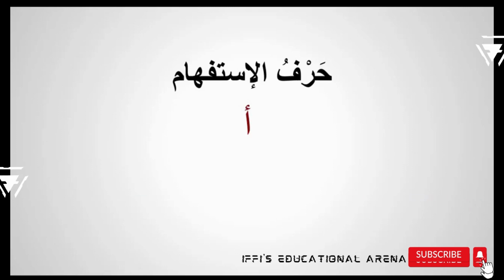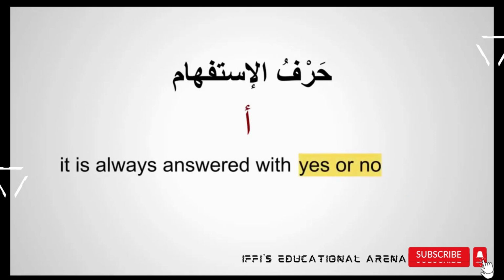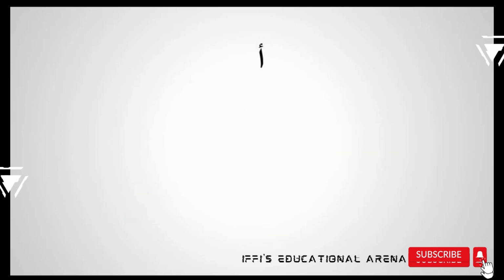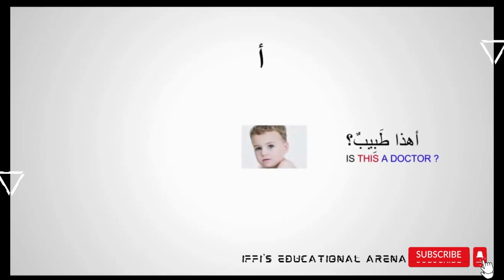And we learned from yesterday that when you use a, it is always answered with either yes or no. Yes is called na'am in Arabic, and no is called la. So let's practice quickly a little bit. If we say a hadha tabibun, is this a doctor? We say la, no. Hadha waladun, this is a boy.